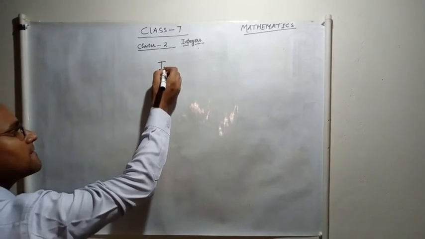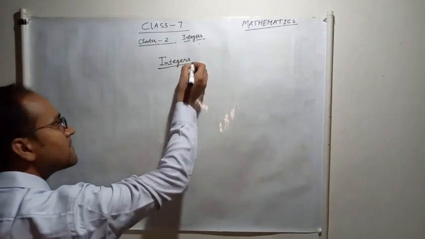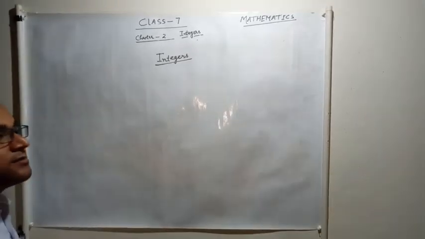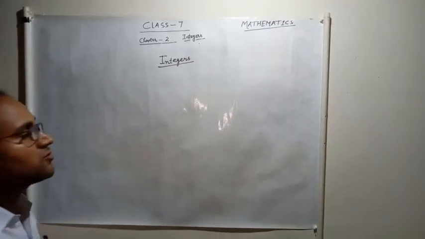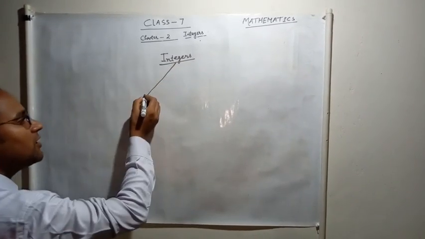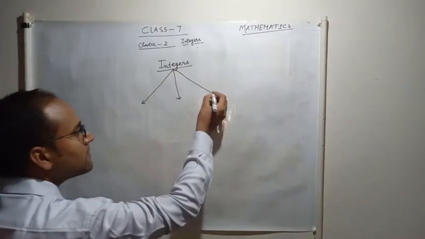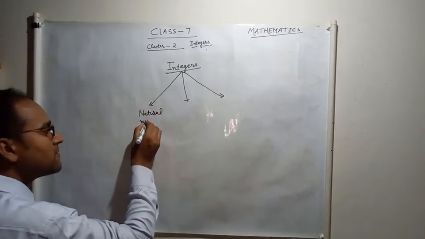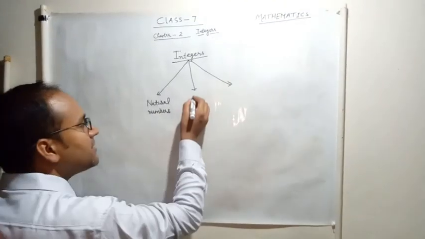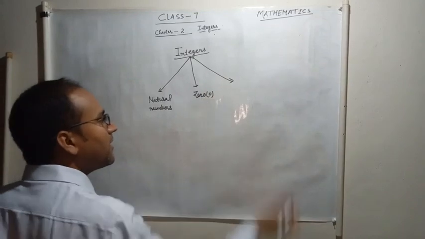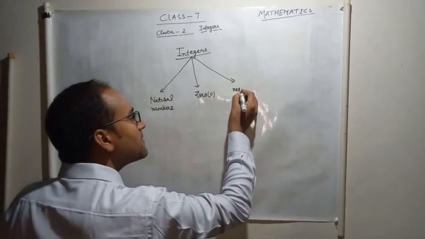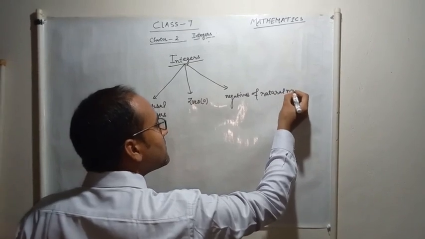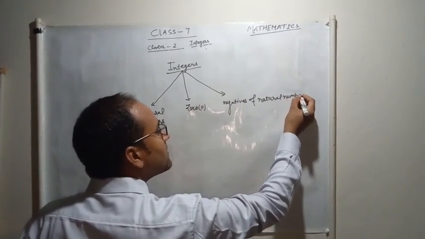Integers include natural numbers, 0, and negatives of natural numbers.